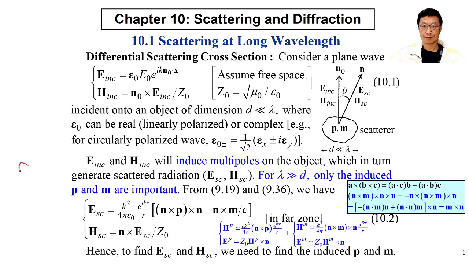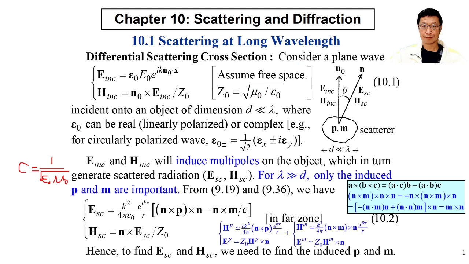What is c? c is the square root of 1 over epsilon 0 mu 0, right? c is the speed of light. c times Z0, so we have a cancel, numerator, denominator.